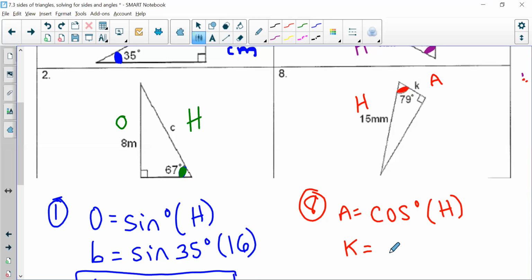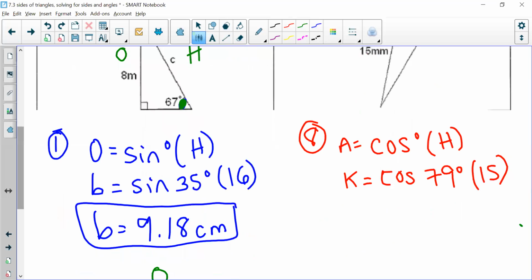How big is the angle that I'm working with? 79. 79, good. And how big is my hypotenuse? 15. Very good. So I'm going to, on my calculator, do cosine of 79 times 15. Cosine 79 times 15.